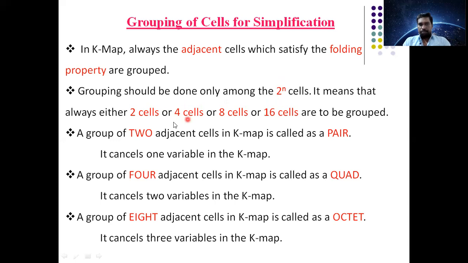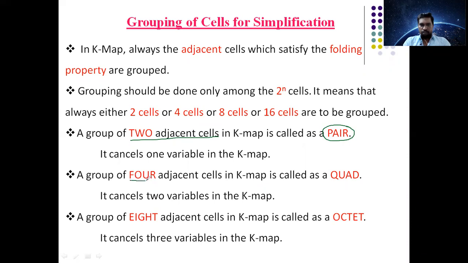If you group 2 adjacent cells in a K-map, you call that condition a pair. Very, very important. What is a pair? In a K-map, if you group 2 adjacent cells, it is called a pair.